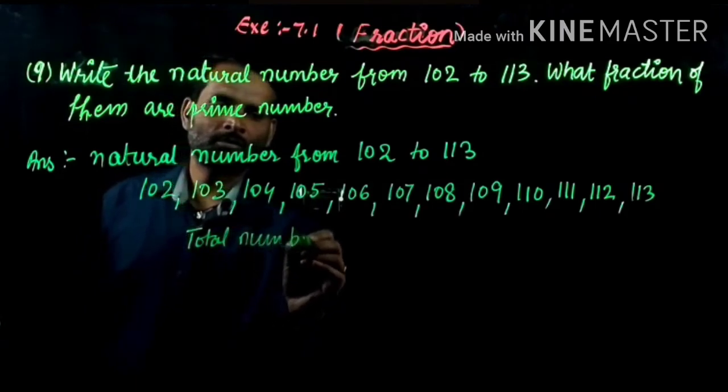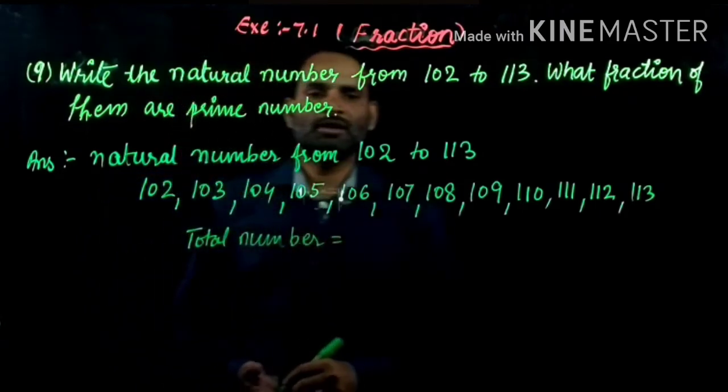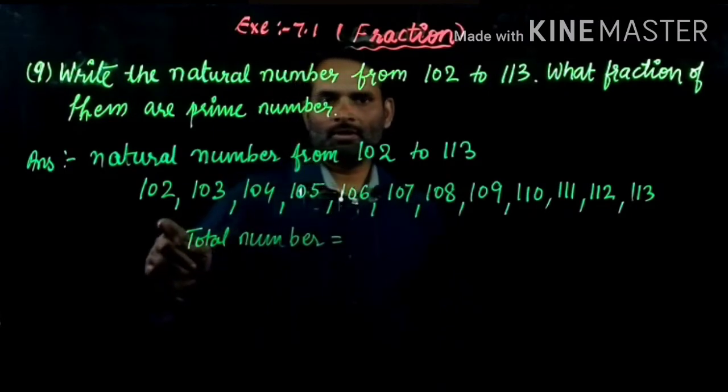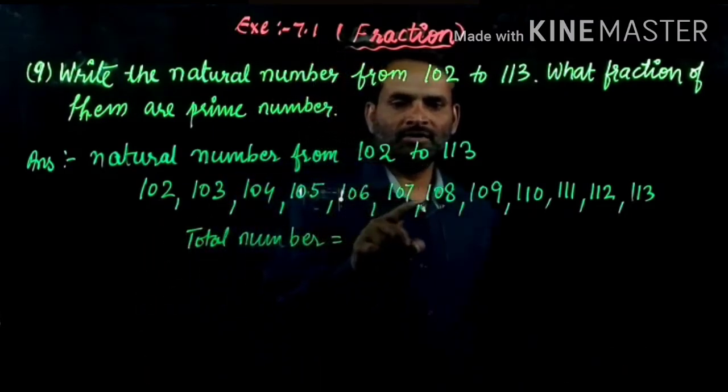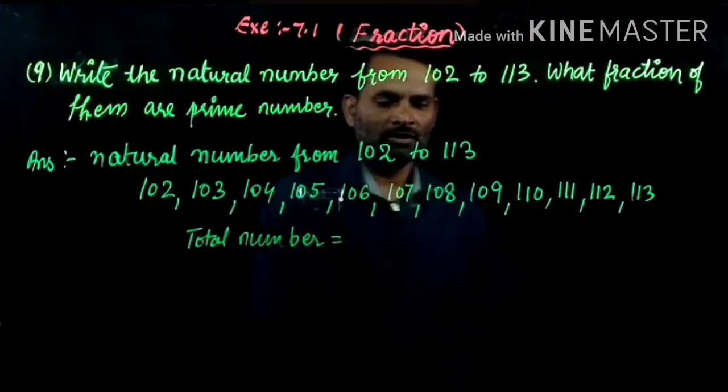So the total number is 1, 2, 3, 4, 5, 6, 7, 8, 9, 10, 11, 12.